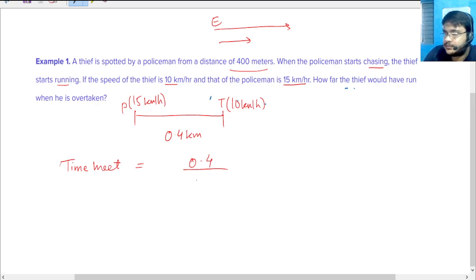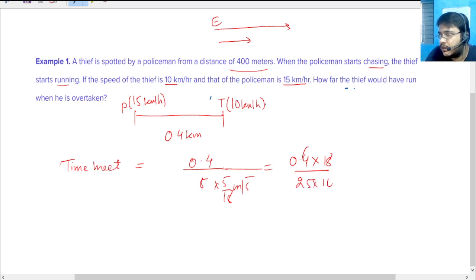So if this is 5 kilometers per hour, multiplying this by 5 by 18, converting it to meter per second, right? So now I can eliminate this much. I hope that is visible. So this becomes meter per second, which becomes 0.4 into 18 by 25 into 10.